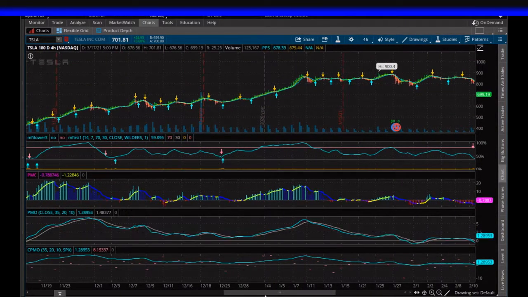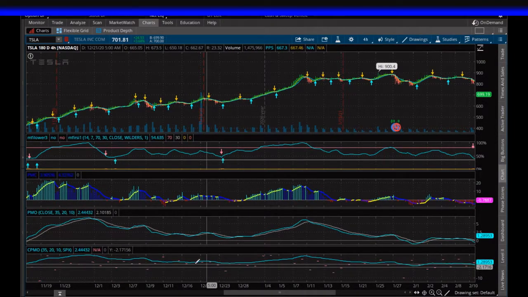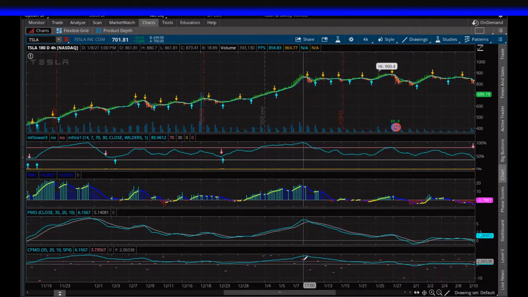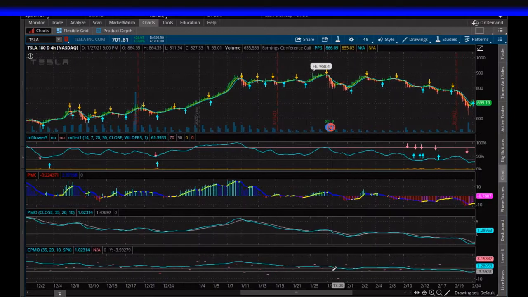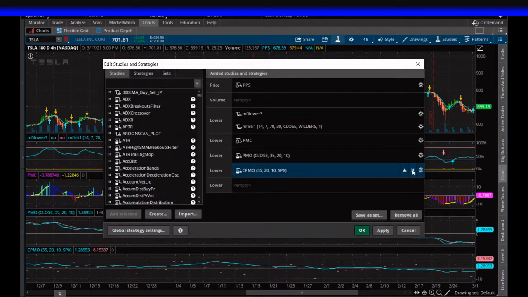So our PMO and our CPMO. Now this CPMO I can see being useful in certain situations. So we'll get to those comparative indicators here soon. So we're going to get rid of that.